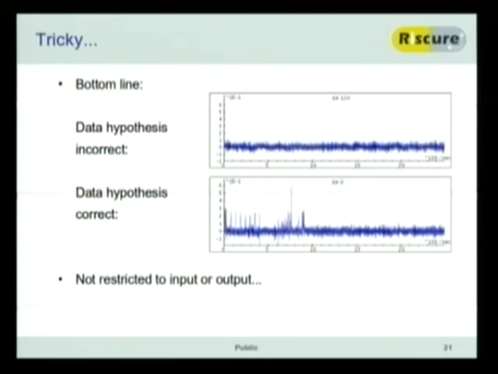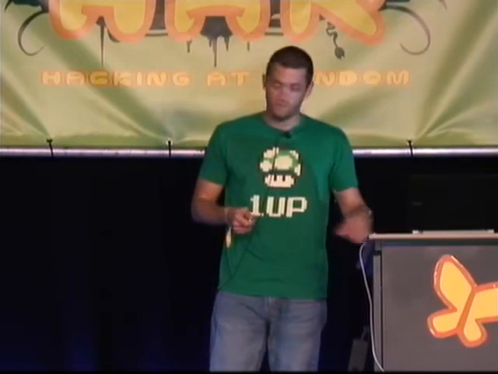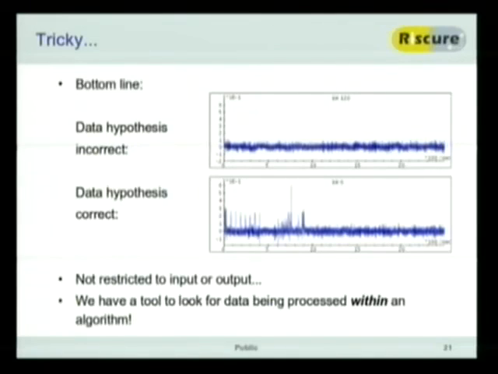Up to now I've been talking about this input bit, but the cool thing is there's no restriction on that. I can also start predicting stuff that's going to happen inside the algorithm. So this tool allows you, if you have a restricted set of hypotheses on what data is being processed inside the algorithm, to also run this trick.